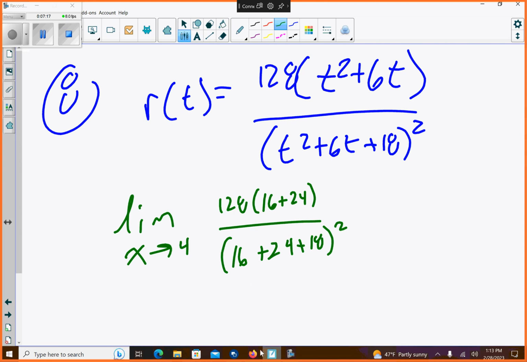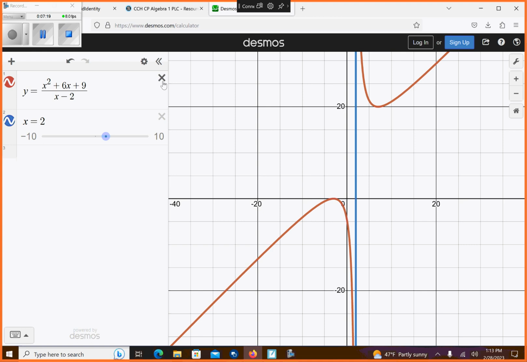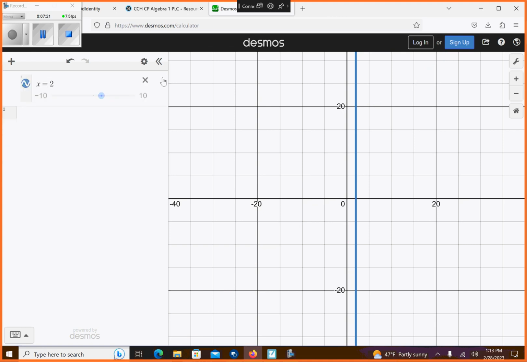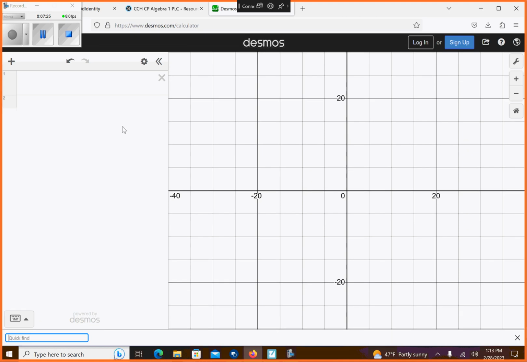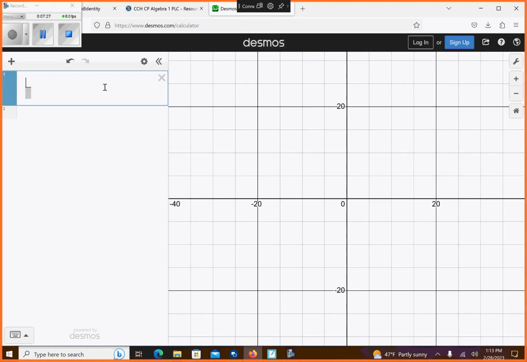I'm just going to use Desmos as my calculator. Getting rid of this and this. So fraction, fraction. 128, 16 plus 24.